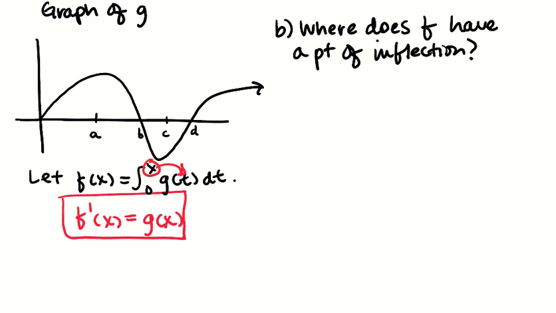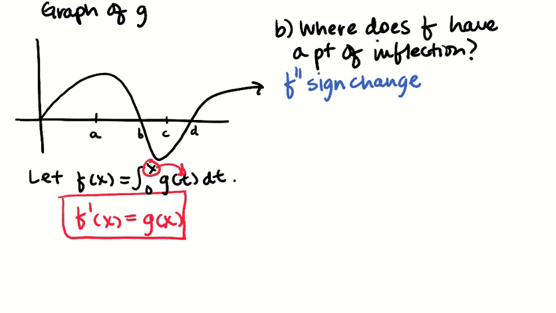Next, I'm asking, where does f have a point of inflection? We know that a point of inflection is a sign change in the second derivative. So f double prime has a sign change when, well, we don't have an equation for f double prime, but we can see that if f prime is g, f double prime will be g prime.